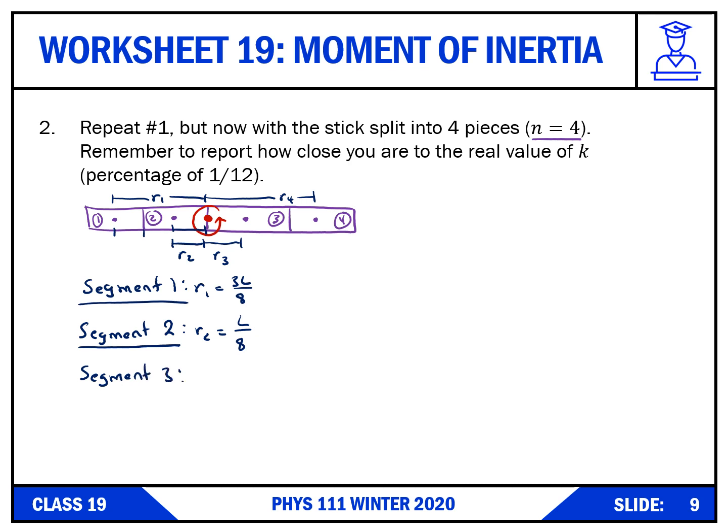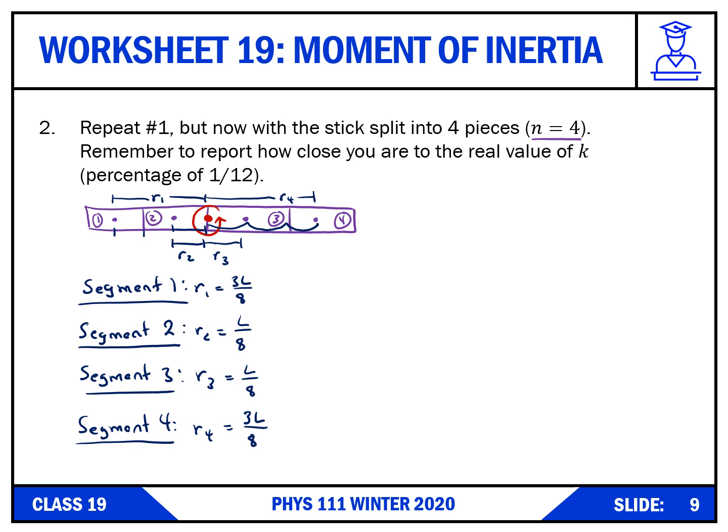Segment 3, R3 is equal to L over 8, and segment 4 is equal to 1, 2, 3, L over 8. Okay, hopefully that makes sense.